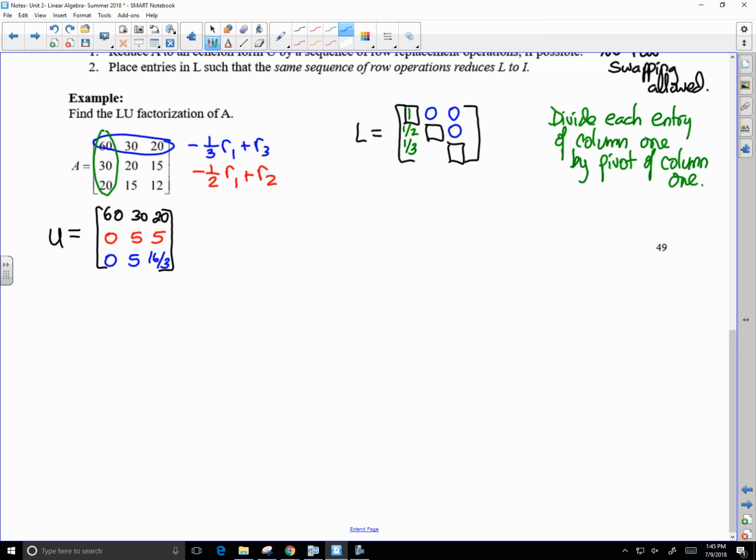So in order to get this guy to become a 0, I'm going to do negative R2 plus R3. So 1/3.